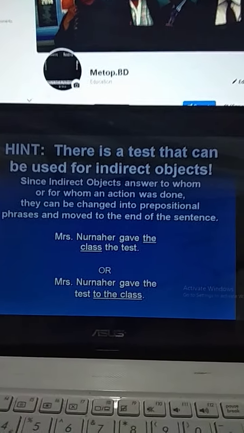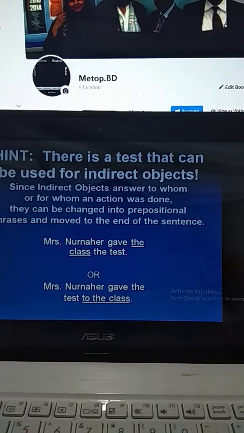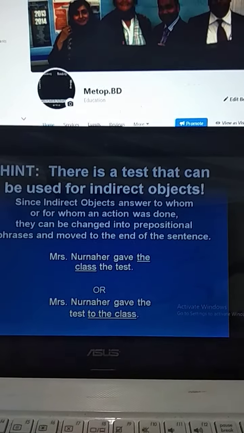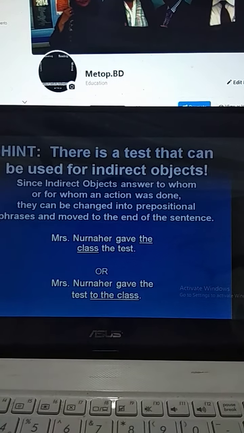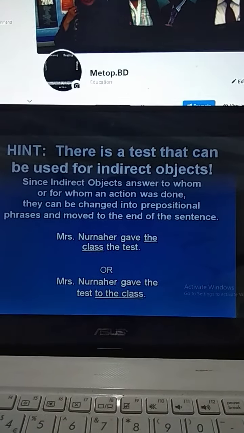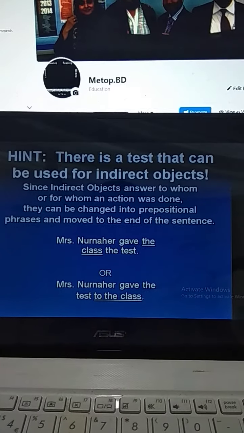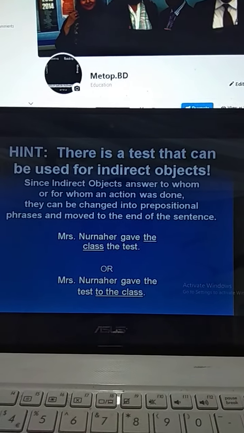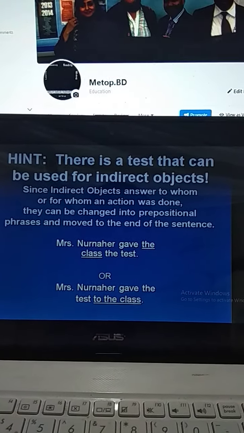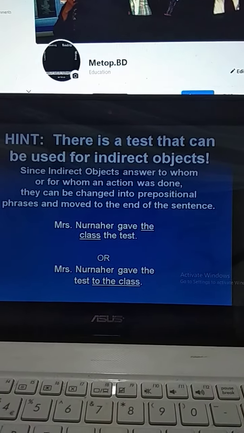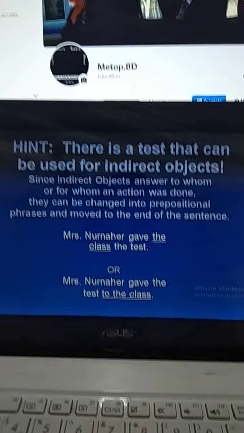Here's a hint. There is a test that can be used for indirect objects. Since indirect objects answer to whom or for whom an action was done, they can be changed into prepositional phrases and moved to the end of the sentence. It's very important for you, dear learners.